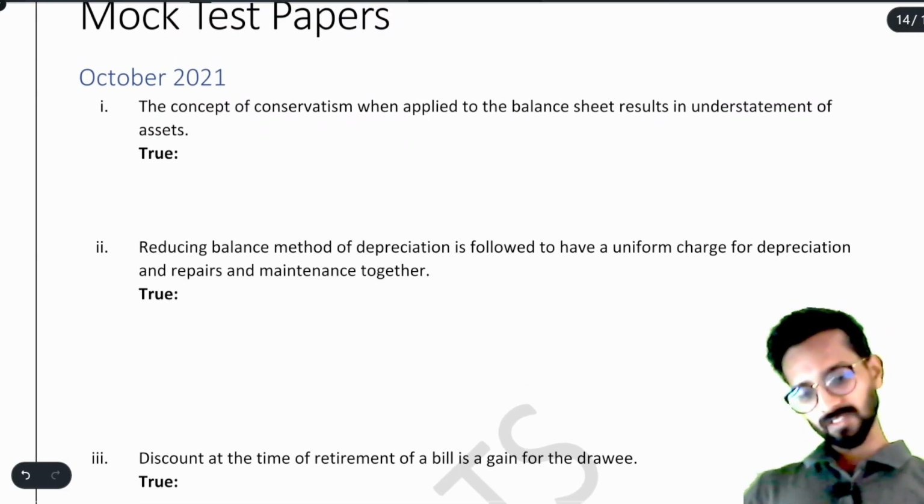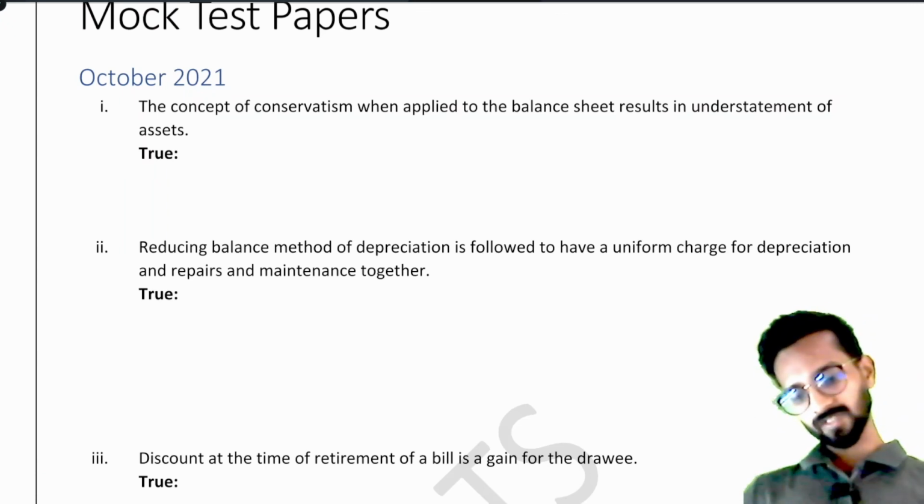The concept of conservatism when applied to the balance sheet results in understatement of assets. See, it is obviously true.